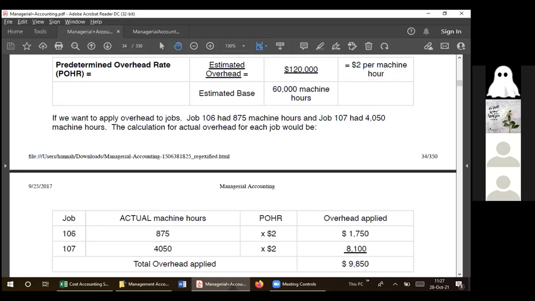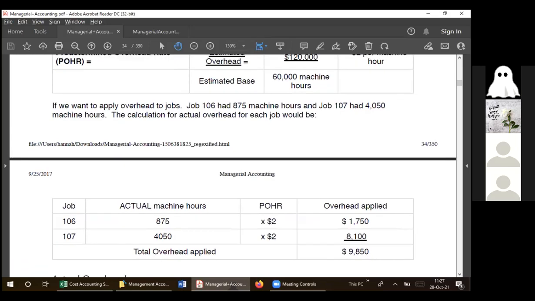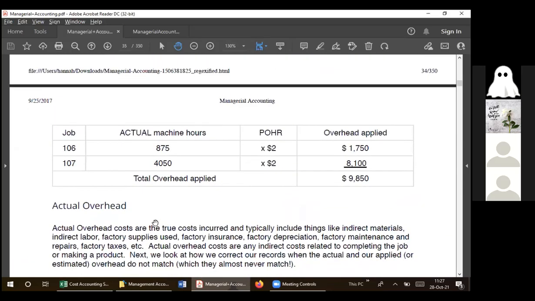So depending on the size of the contract or how many t-shirts are demanded, the company may quote a lower or higher price, right? So that's how predetermined overheads are created, and then they are applied to actual overheads.